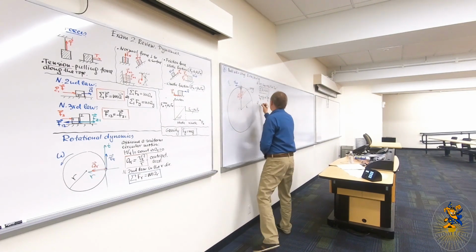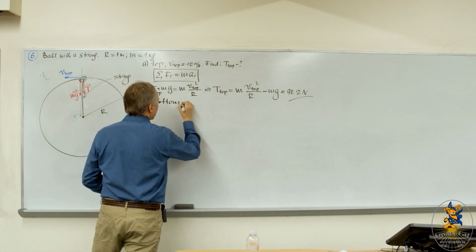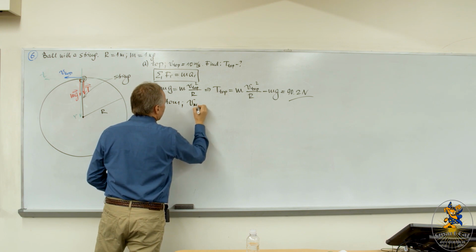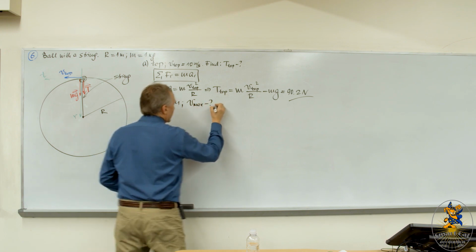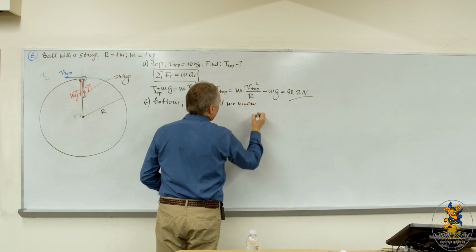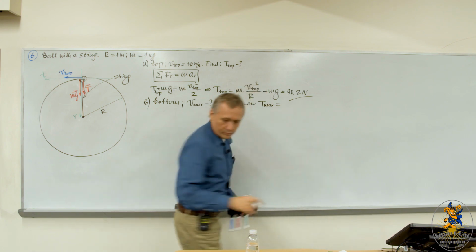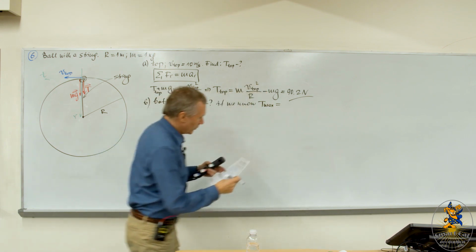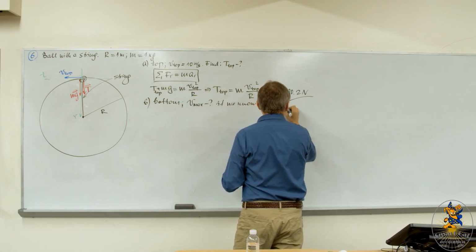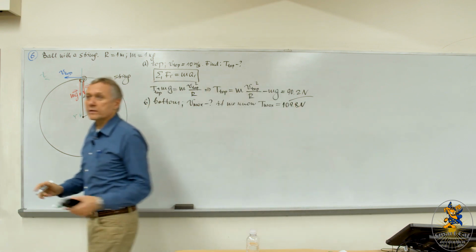All right, so now at the bottom. We need to calculate v maximum if we know that T maximum is 109.8 newtons. So the cord can stand only this tension.